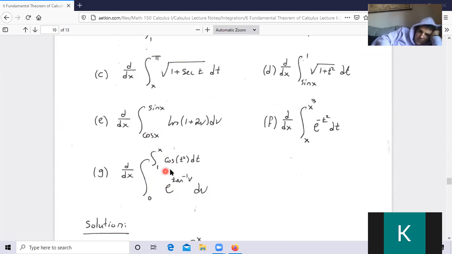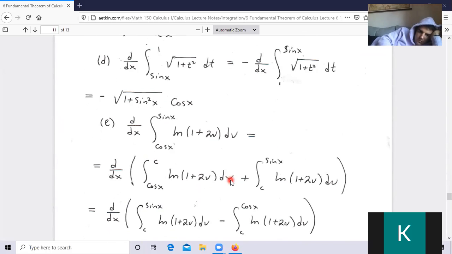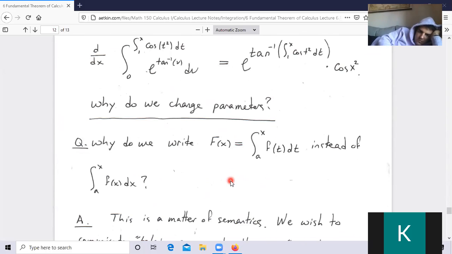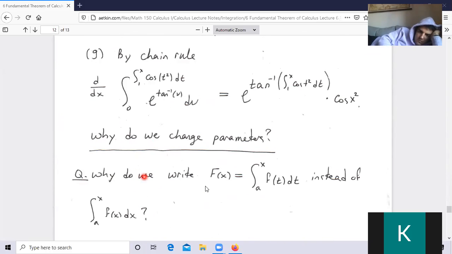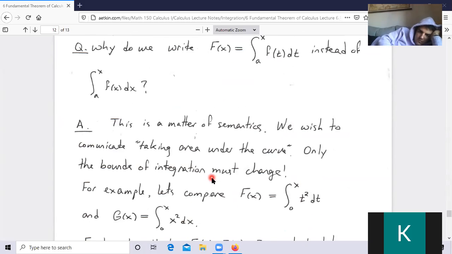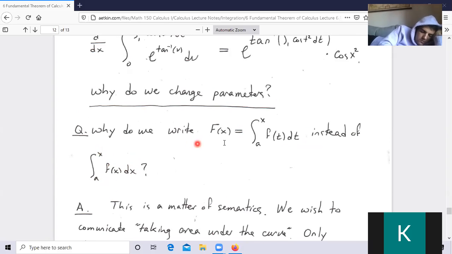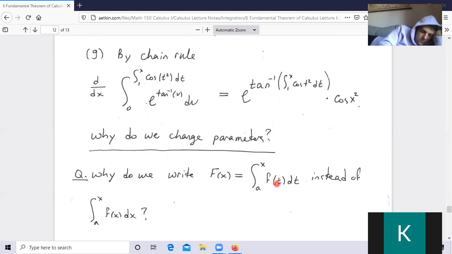You see you have an integral within an integral. And the last line here is explaining why you change parameters. If you want to look at it, it's very interesting. Why do we change parameters? Why don't we just write the integral from a to x of f of x dx? Why do I change to the integral from a to x of f of t dt?